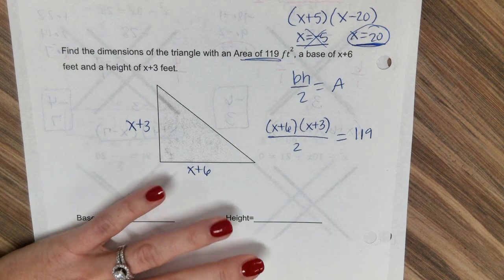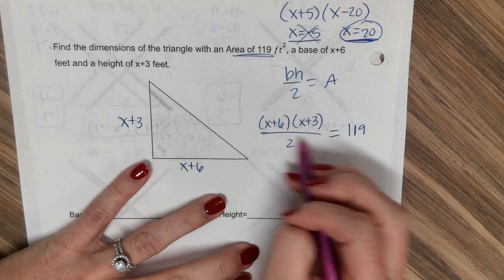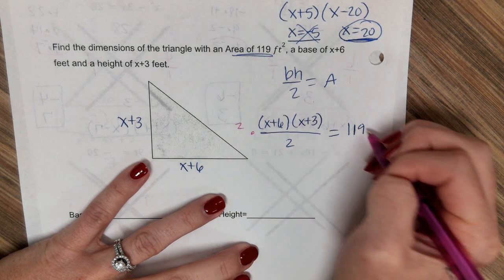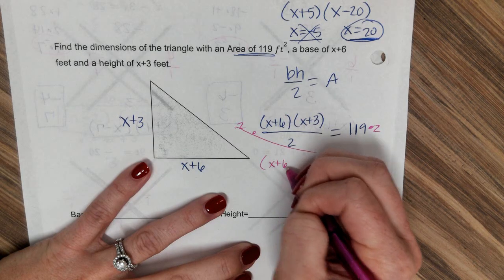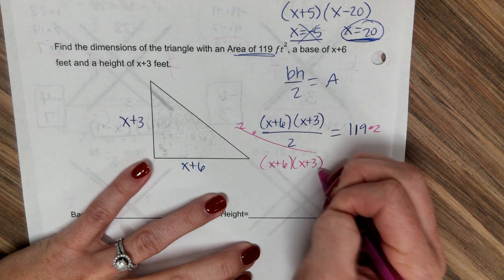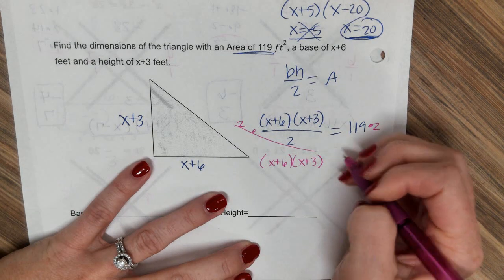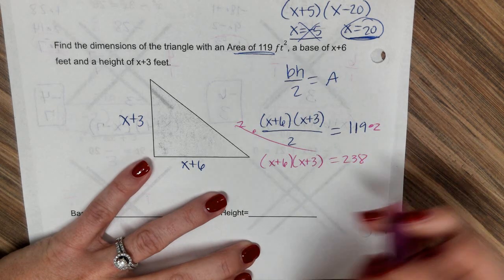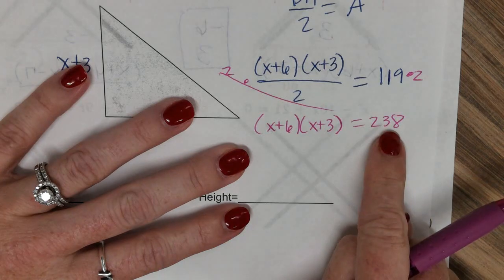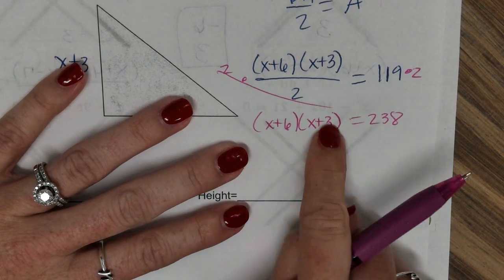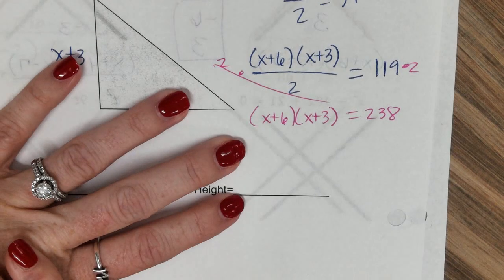All right, now I have to solve this. How do I get rid of dividing by 2? Multiply by 2. So I have x plus 6 times x plus 3 equals, and 119 times 2 is 238. Now I need to set it equal to 0, but before I can move this to the left, I've got to FOIL this. First, outer, inner, last.